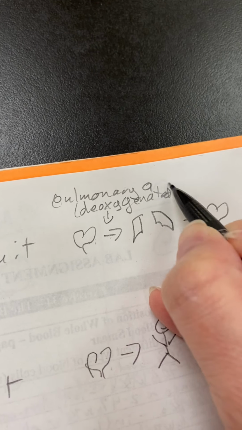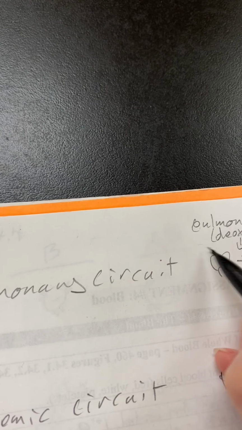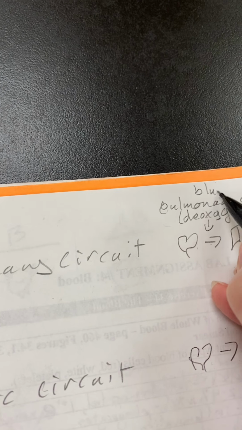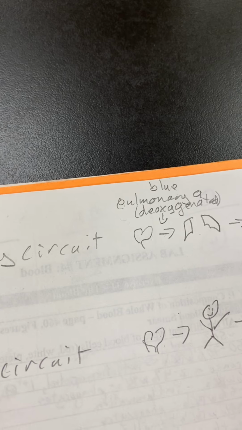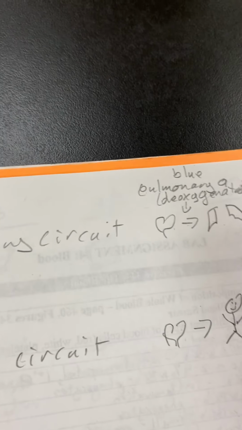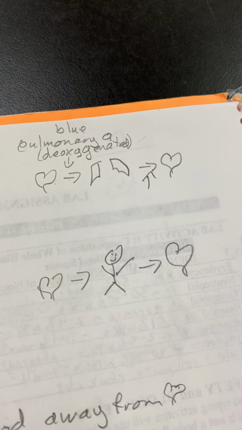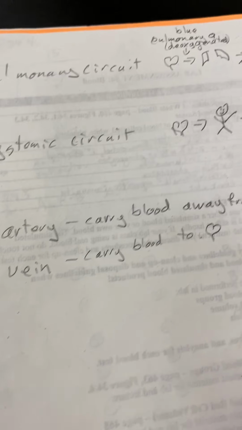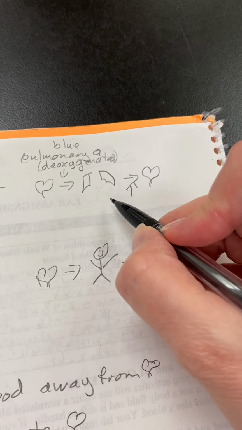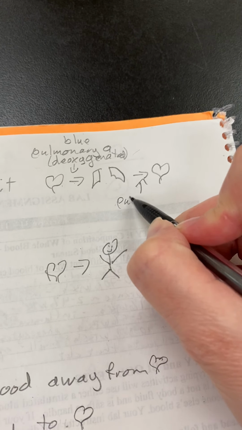So this will be blue. Sorry, I don't have my colors on me today. So blood vessels that move to the heart are veins, and this is the pulmonary circuit. So these are pulmonary veins.